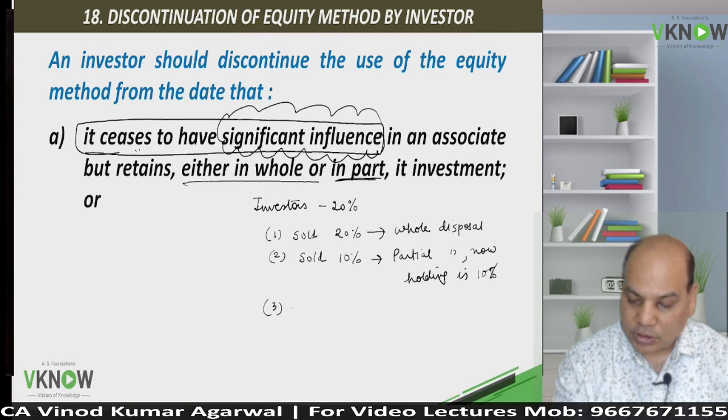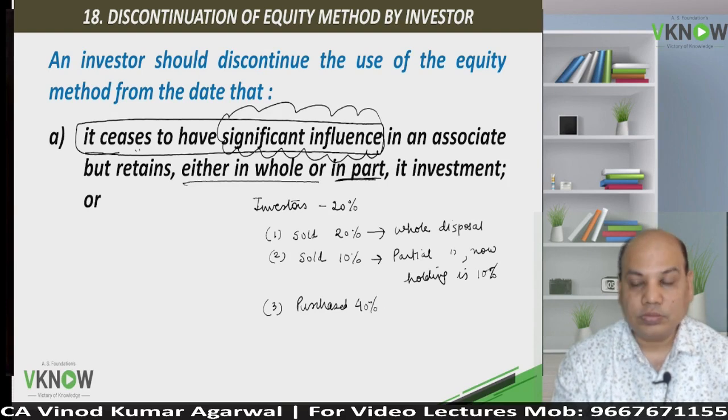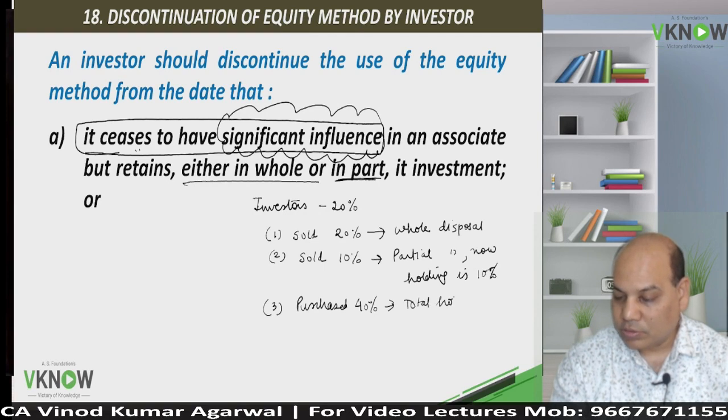The third possibility is you have purchased 40% more. So now your total holding becomes 20 plus 40, 60%.